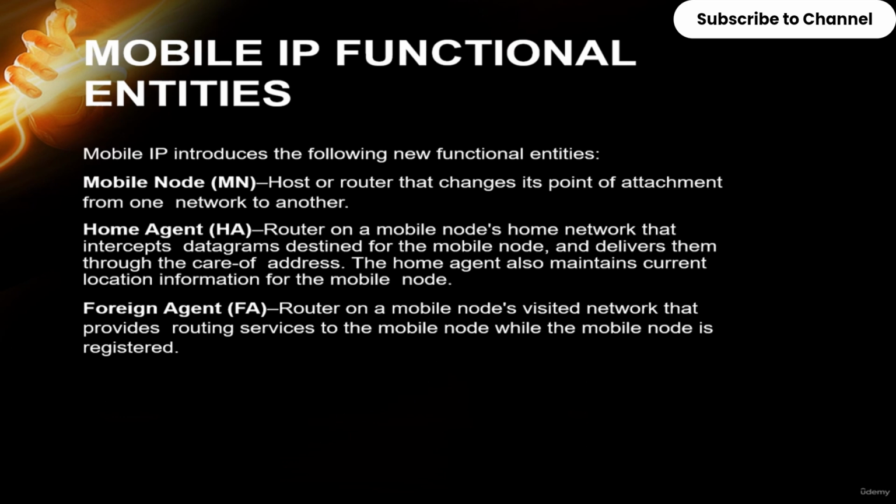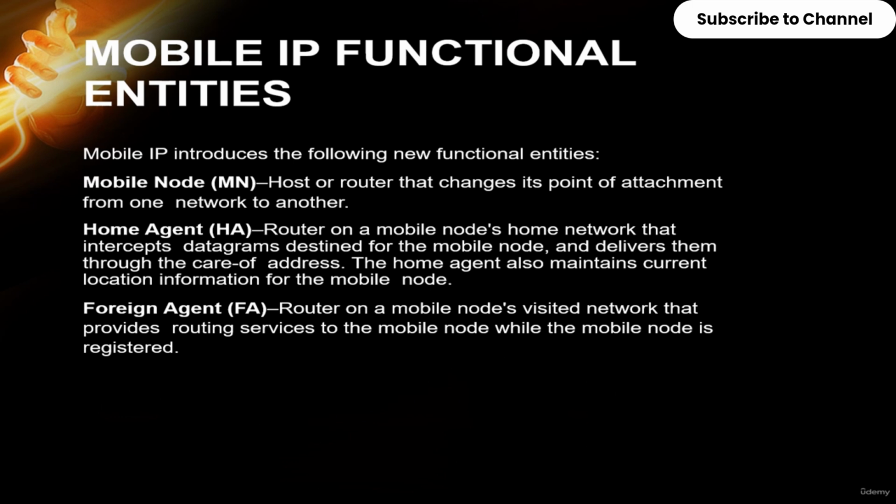It is a router on the home network which takes the datagrams for the current mobile node and delivers them to the foreign network, that is, to the care of address. It just transfers to the care of address through the home agent. Then the foreign agent is another router.